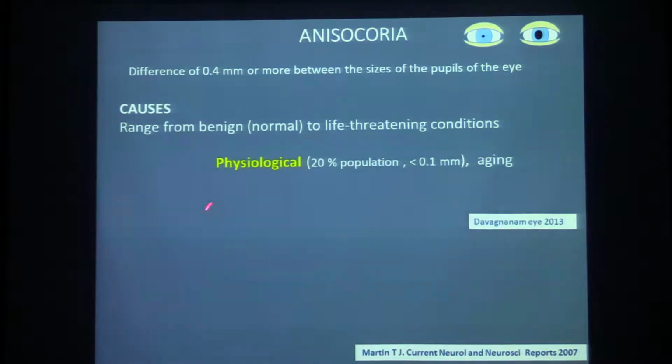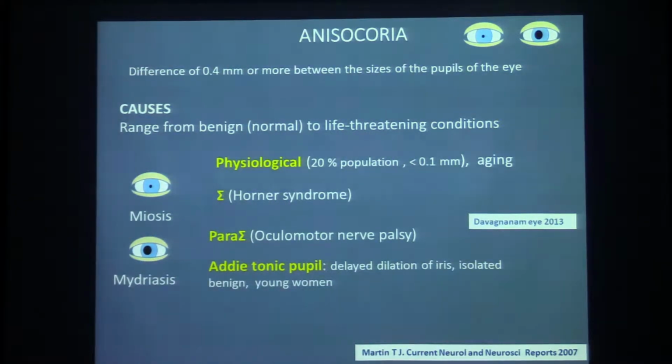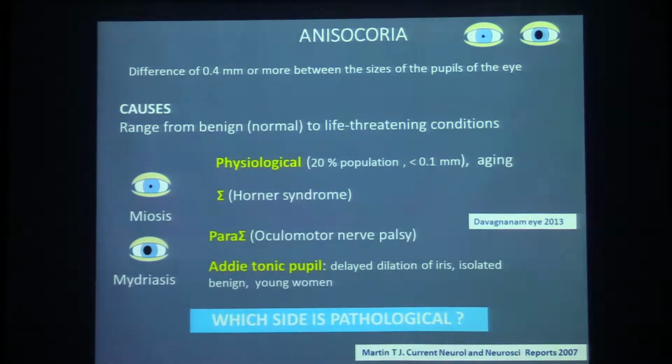It can be physiological, but of course it can be a meiosis, and the meiosis is due to Horner syndrome, or a mydriasis, which is due either to a parasympathetic lesion on the oculomotor nerve pathway, or to a tonic pupil. And you'll see sometimes this tonic pupil in young women. It's benign. It is in fact a lazy pupil.